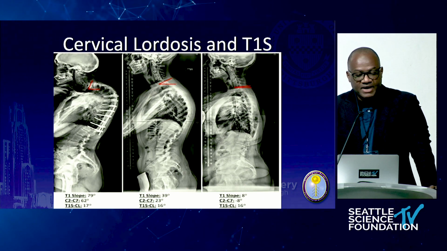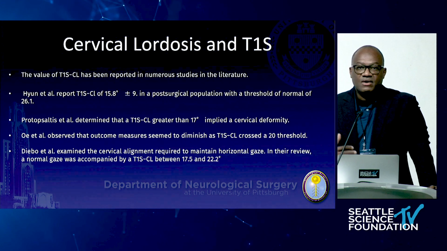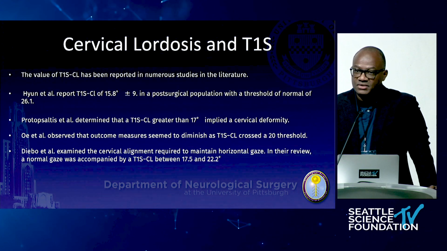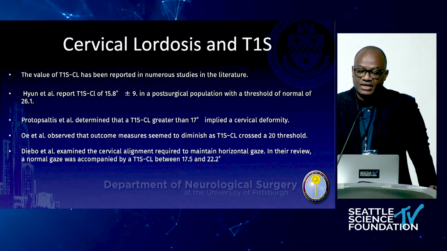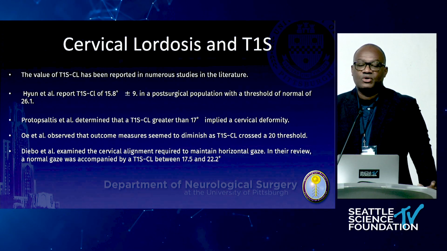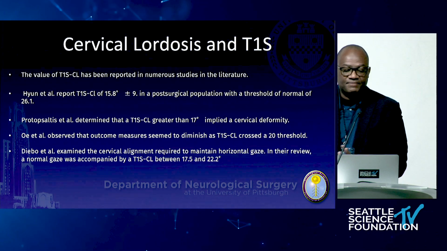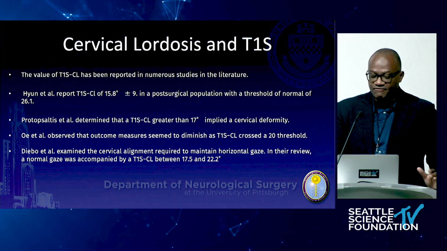So it does matter, and papers are now coming out to say, wow, we're not just looking at the stenosis, cord compression, or cord stretch, we're also looking at how their global alignment looks. So you can't take these regional changes in a vacuum.